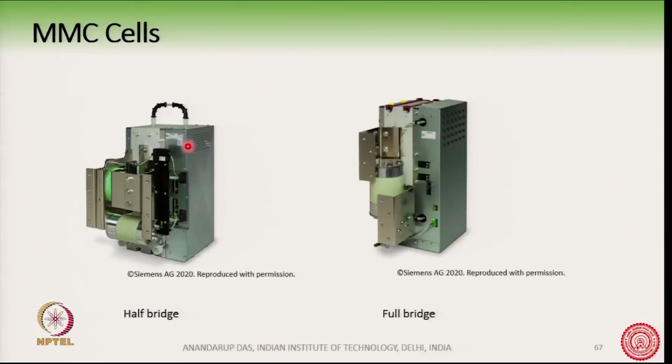And there are additional power supplies and communication boards, communication PCBs. These are all inside this box, and you can see some wires coming out here. And the main device is inside this. So, this is a half bridge and this is a full bridge, very similar in structure.